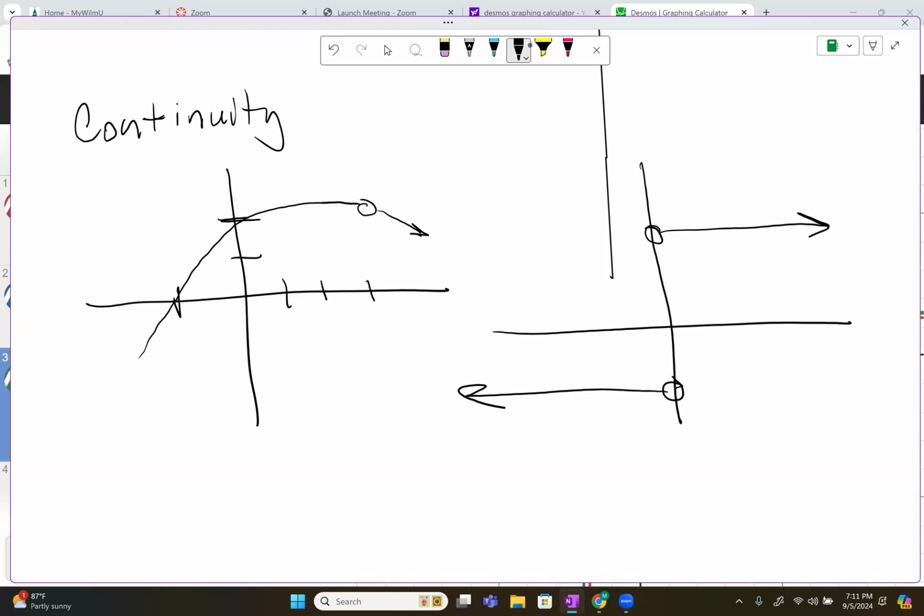So in this figure 3, what do I have here? Intuitively, since the graph of figure 2 can be drawn without lifting your pencil at x is 3, it would appear that the function is discontinuous at 3.